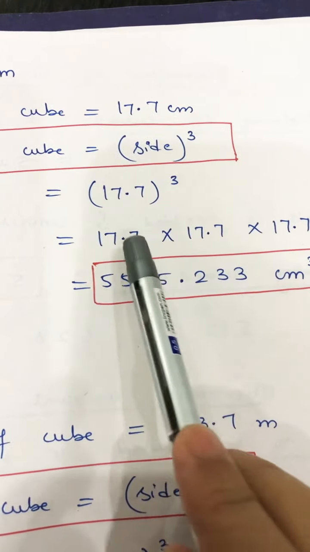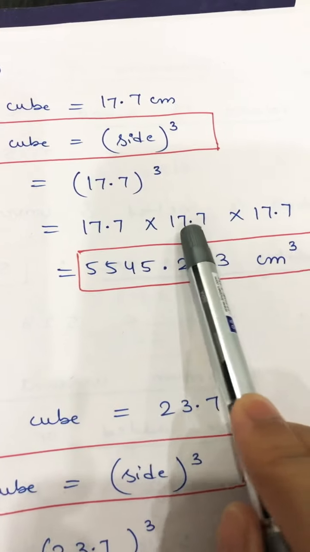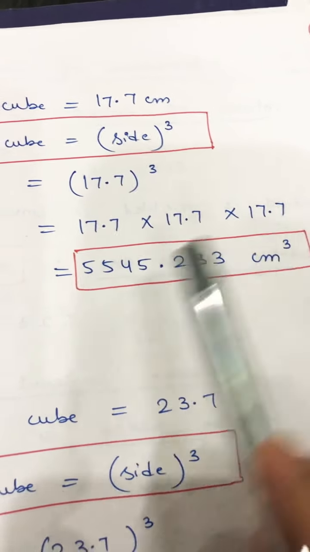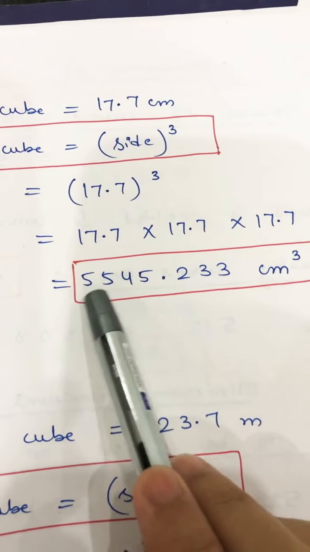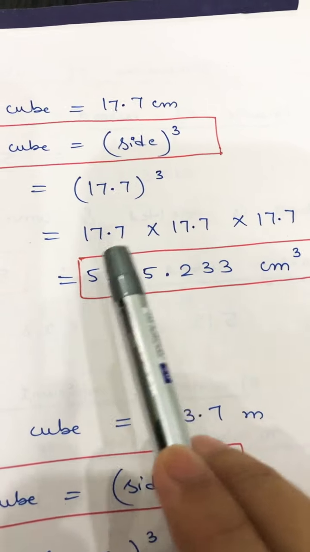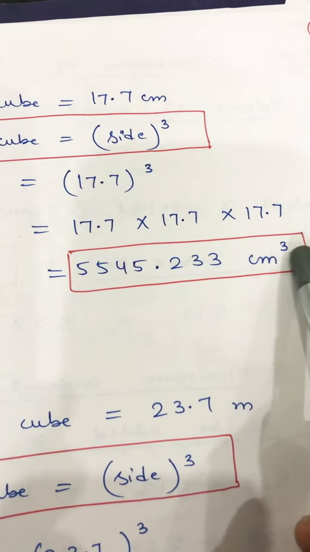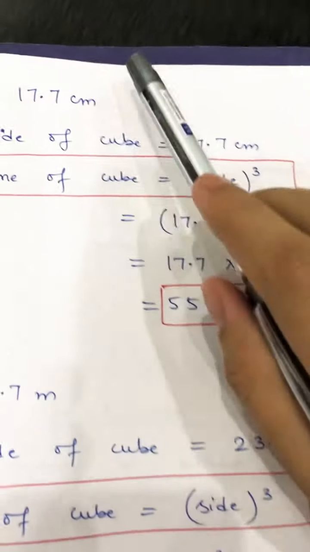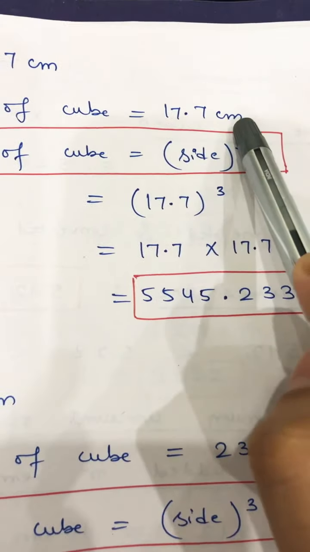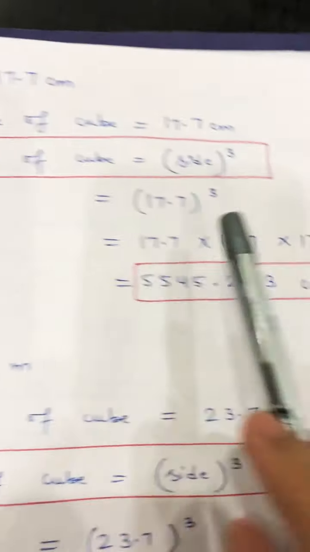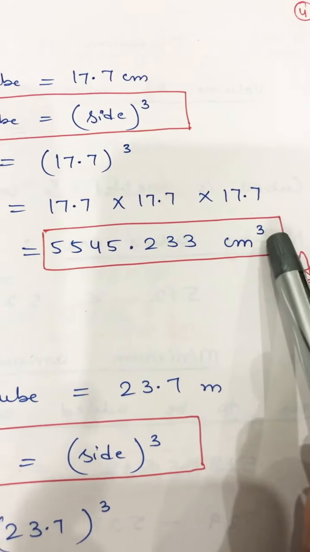So when you multiply 17.7 into 17.7 into 17.7, the answer is equal to 5545 centimeter cube. The side was given in centimeter, so when you take out the volume, your units will be centimeter cube.